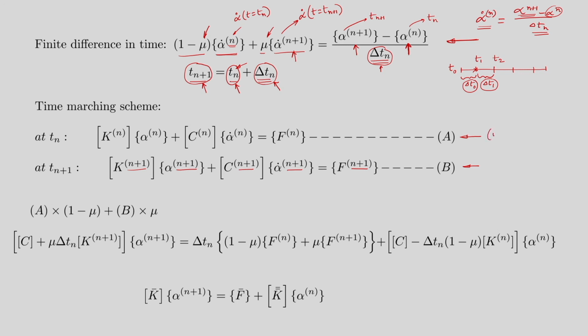Equation A I will multiply with 1 minus mu and equation B I will multiply with mu, and sum them up. That is what has been written here.